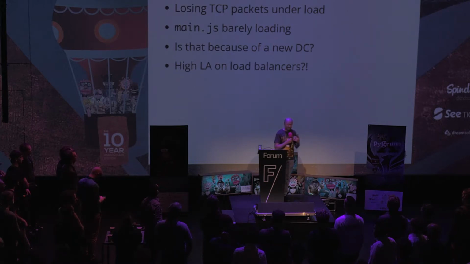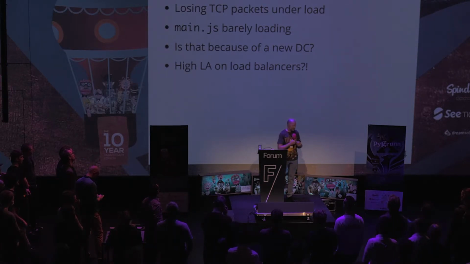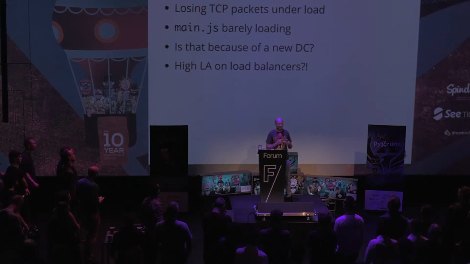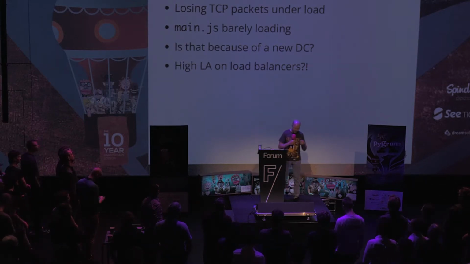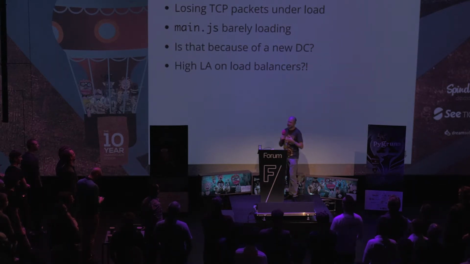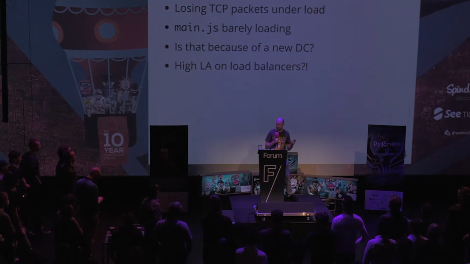Because of legacy, we were using Citrix instead of Nginx. And I hope you don't know what Citrix is, because it's an abomination. It's like an F5, and I wish I didn't know those words. It's a hardware company making hardware load balancers, and they're really weird.